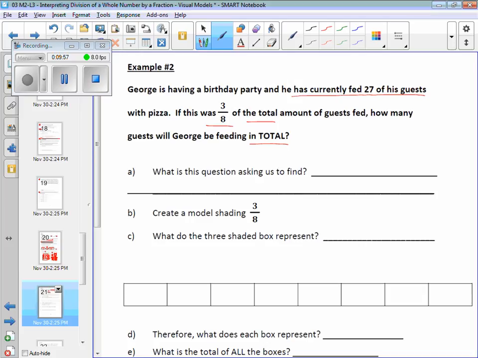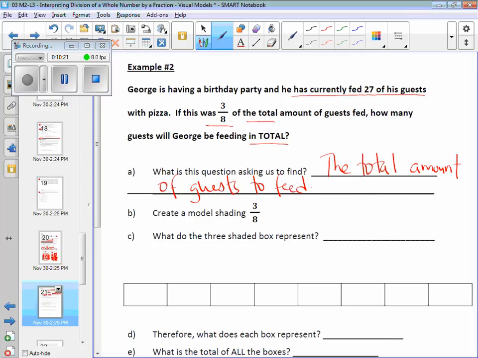Okay, the total amount of guests he has to feed. Write that down.